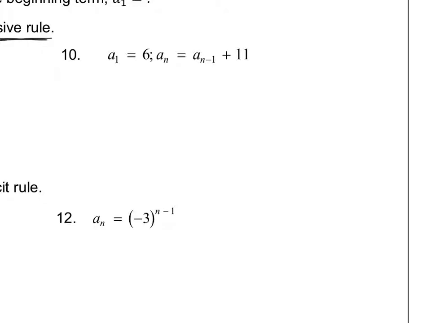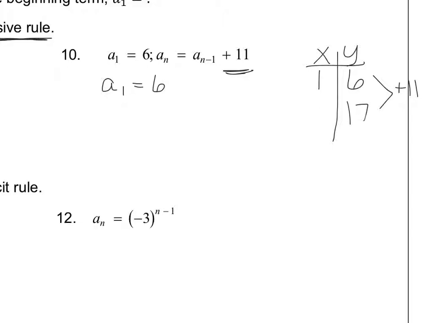So we know that we have a sub 1 equals 6. So I'm going to go ahead and start me a table over here, xy. My first term equals 6. And then I'm adding 11 to it. So 6 plus 11 equals 17. So my second term is 17.